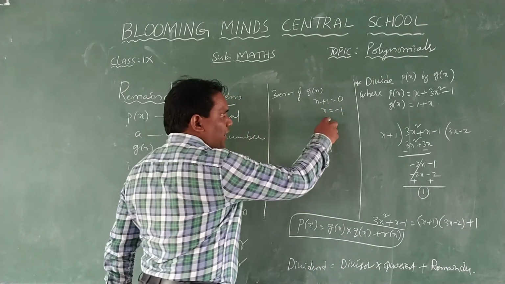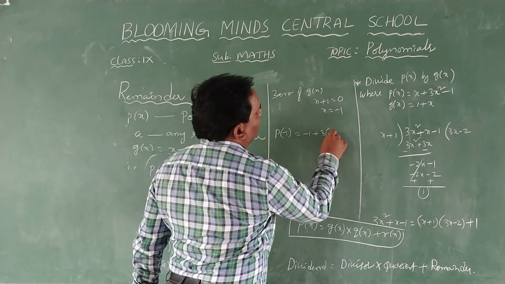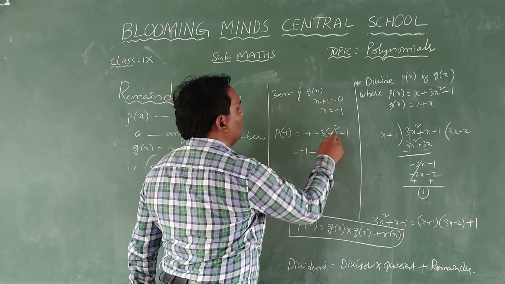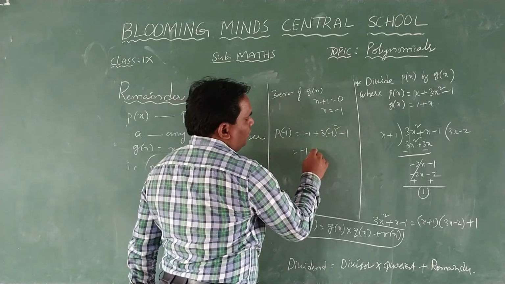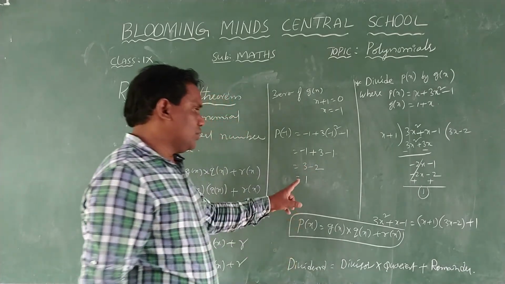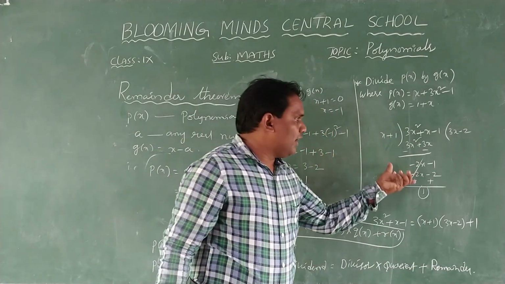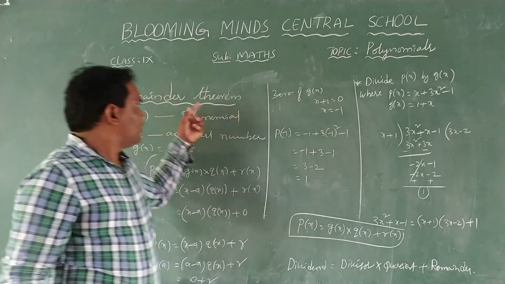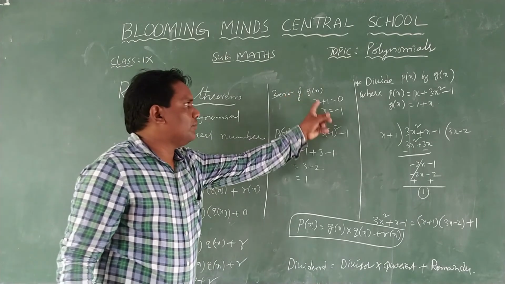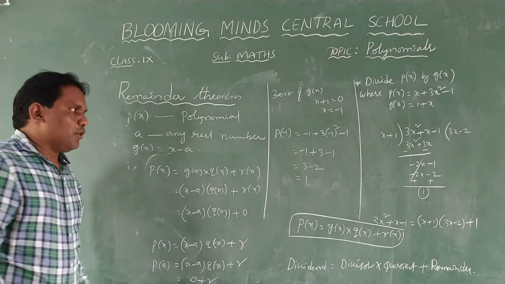If we apply this value in P of x, that means P of minus 1 is equal to minus 1 plus 3 into minus 1 square minus 1. That means minus 1 plus 3 minus 1, which is 3 minus 2, 1. We got 1 as the remainder, and here also we got 1 as the remainder. So to avoid this division, you can follow this remainder theorem to find the remainder by applying the zero value of the divisor polynomial.